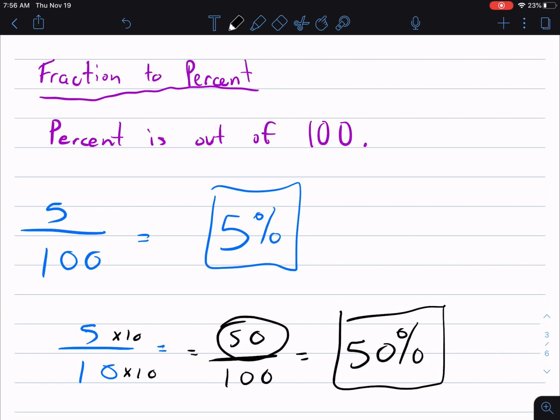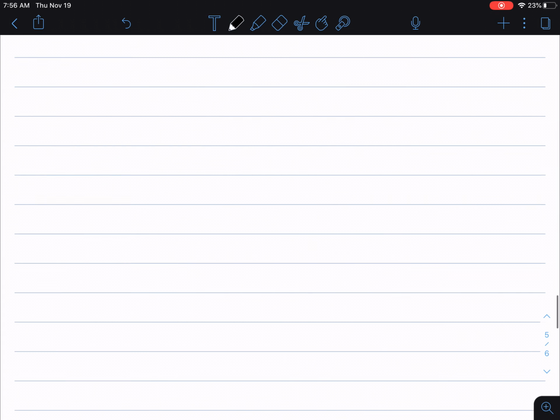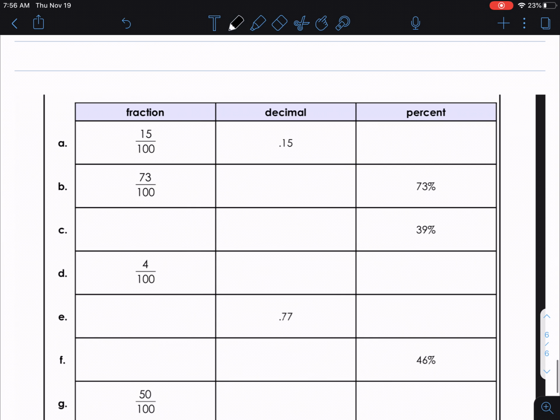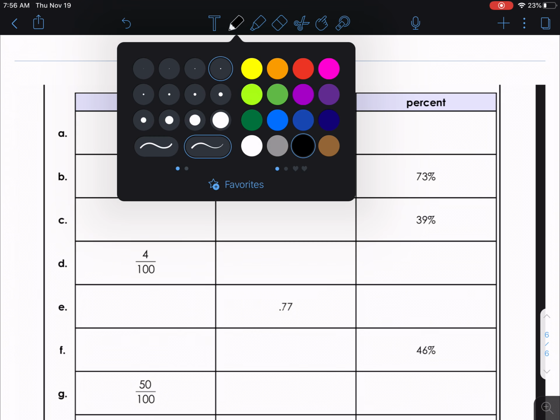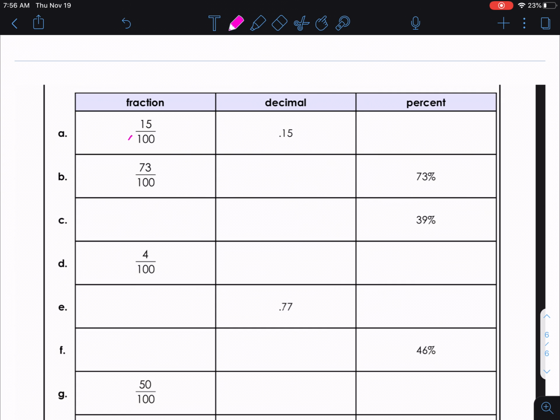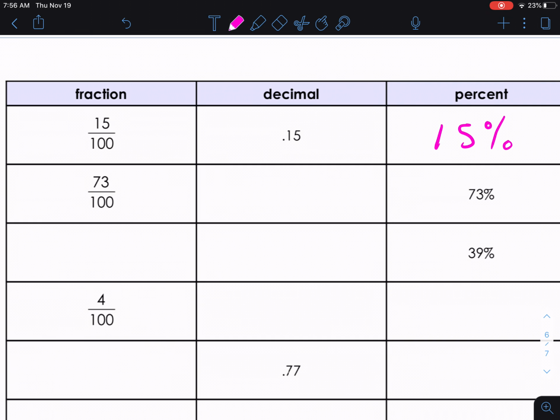If you see 100 at the bottom, that is your percent at the top. Now let's do some examples. Vamos a hacer ejemplos. I have 100 here, so my percent is at the top. 15%. Ya tengo 100 abajo, el porcentaje está arriba. Si no me creen, move 2 times to the right. 1, 2, 15%.